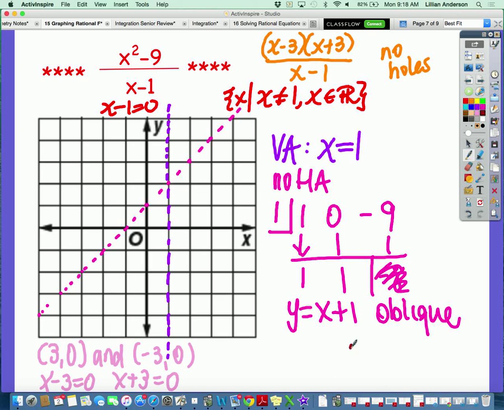You get that by plugging in 0 for x. Plot all your information.